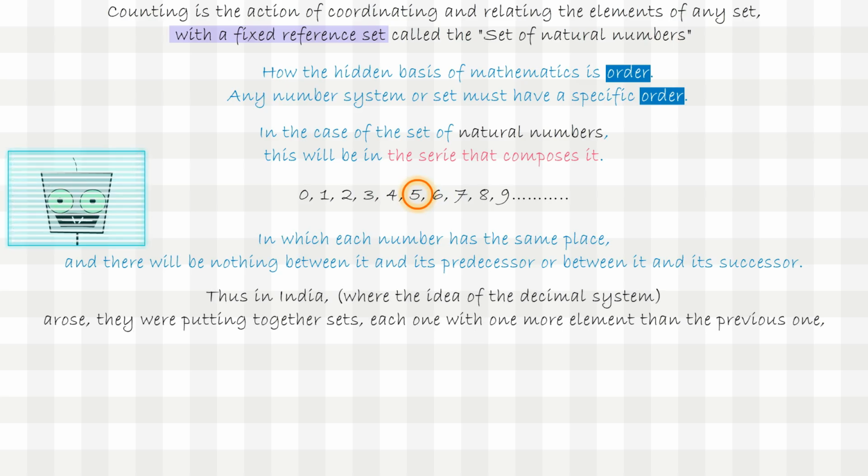Thus in India, where the idea of the decimal system arose, they were putting together sets, each one with one more element than the previous one.